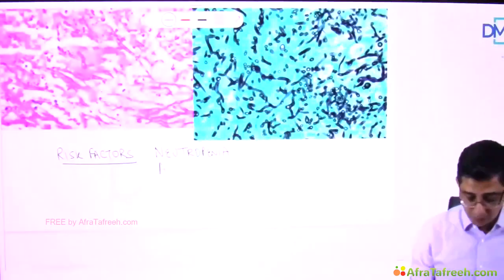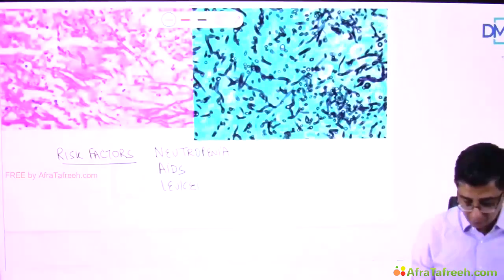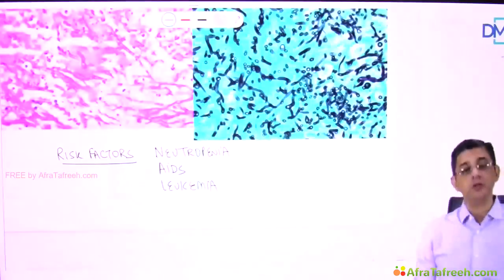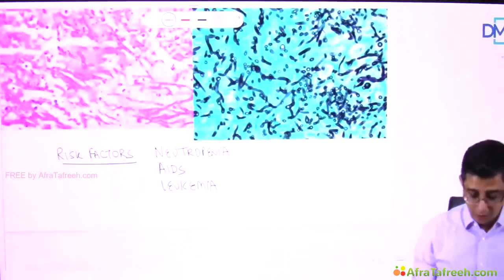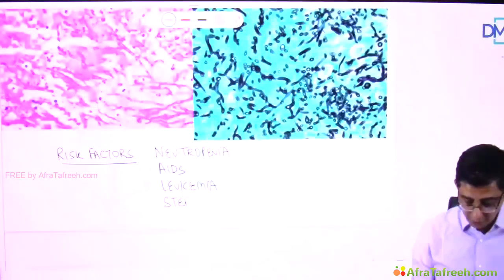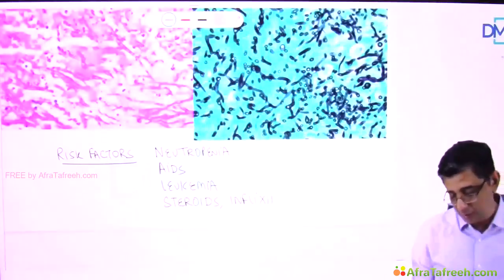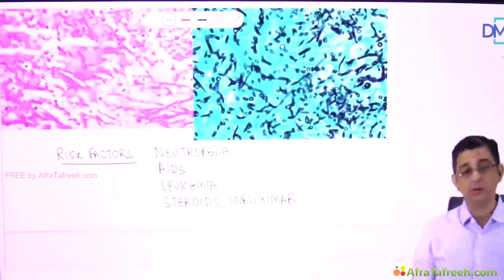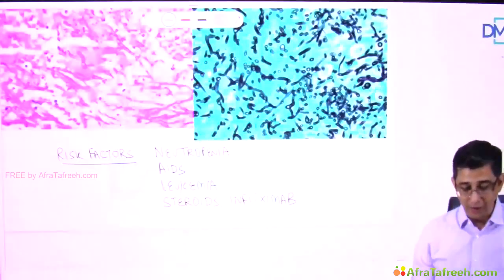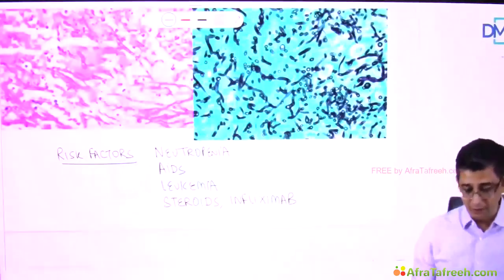Then AIDS-positive patients, leukemia patients, and patients on chemotherapy, which could decrease the immunity levels of an individual. Patients who are on steroids for a long duration. Patients on infliximab infusions, which are given in patients of ulcerative colitis, Crohn's, or even ankylosing spondylitis, could end up developing aspergillus infection.